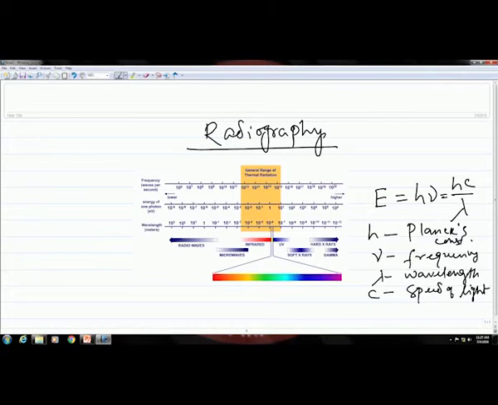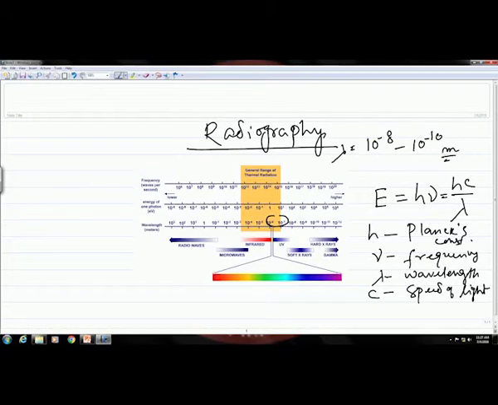Okay. And you can see the X-rays towards the extreme end in the range of 10 to the power minus 8 to 10 to the power minus 10 meter. This is the range of wavelengths for the X-ray radiation, which is much lower compared to visible light, which is in the range of 10 to the power minus 7, okay, which will be around this region.